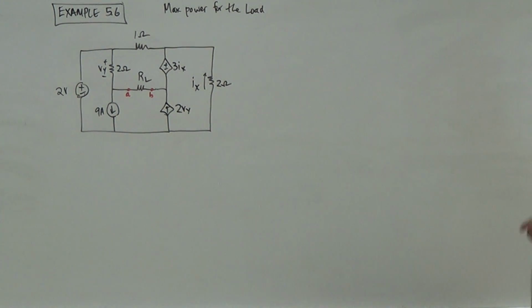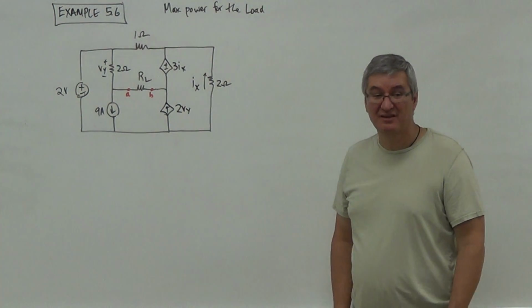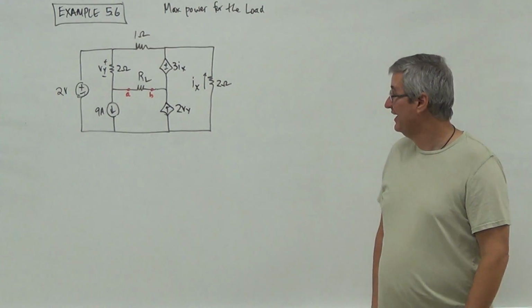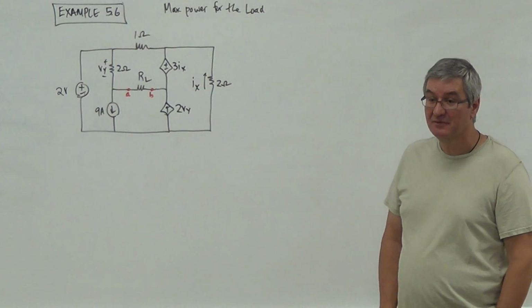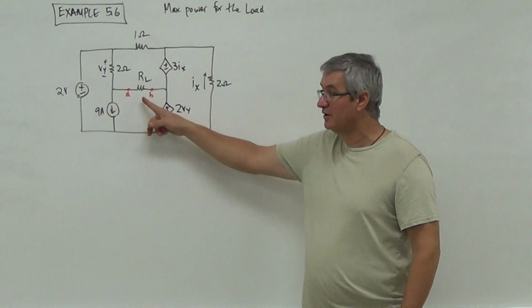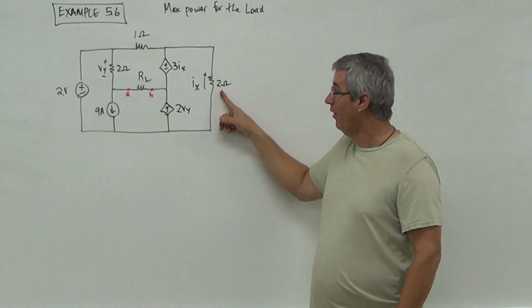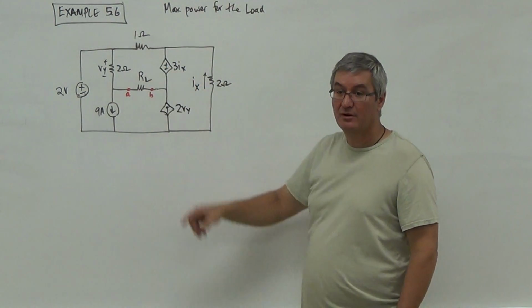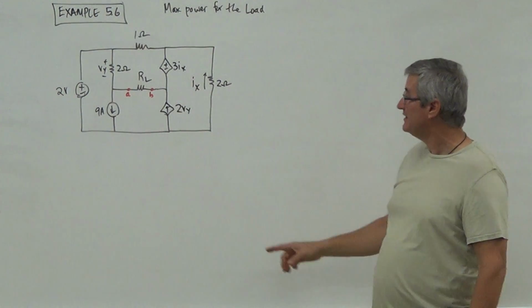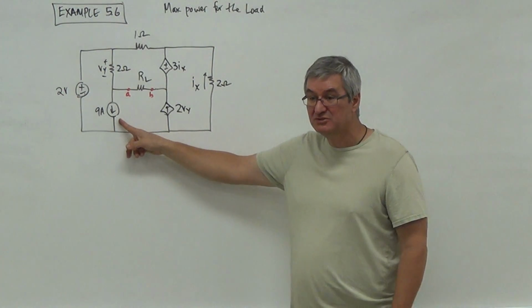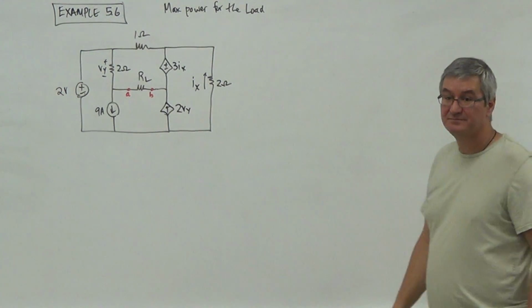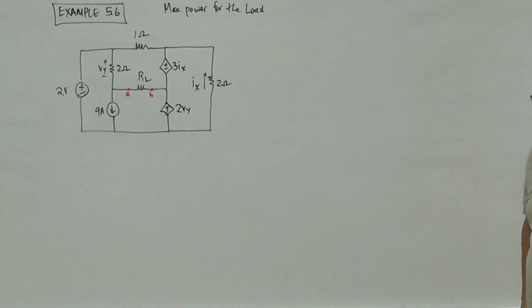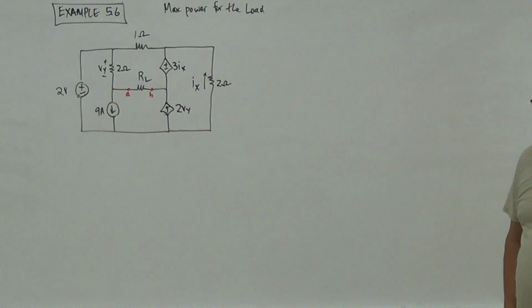You can also see that I could take any circuit that you've done that looks familiar and really change this thing. I could take IX, put it right here, and make that the load, or I could make that the load. I could even make the power supply or a current source the load. There are a lot of little things I can do here, and it really changes the circuit a lot.